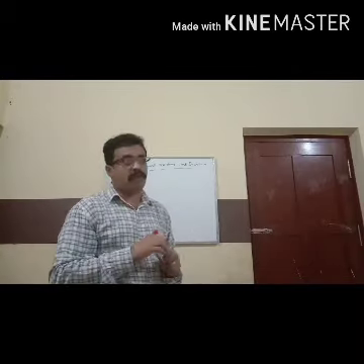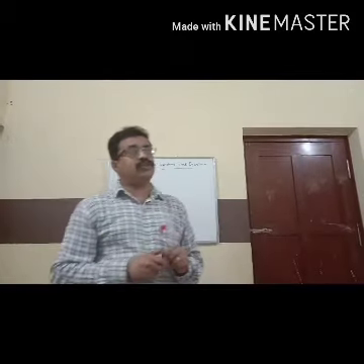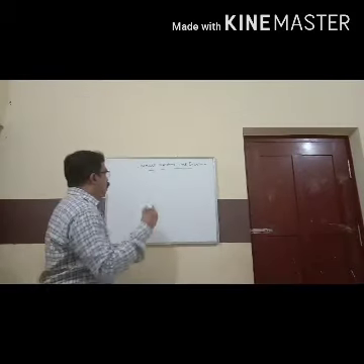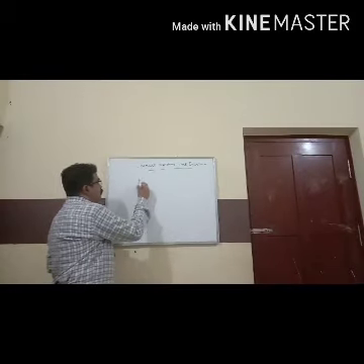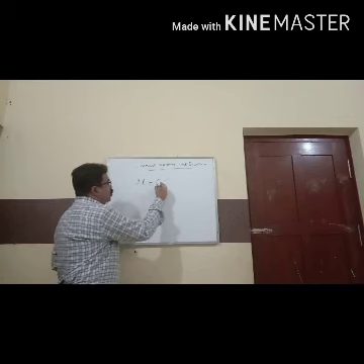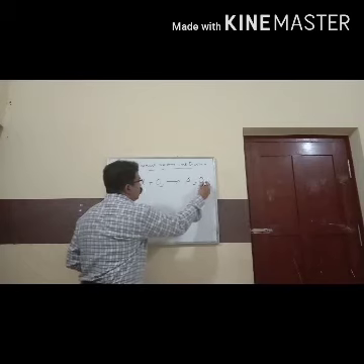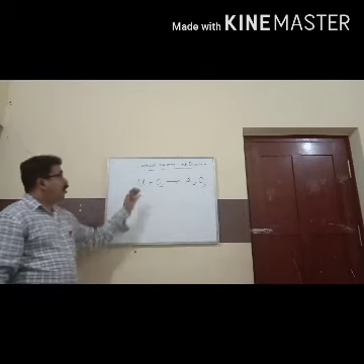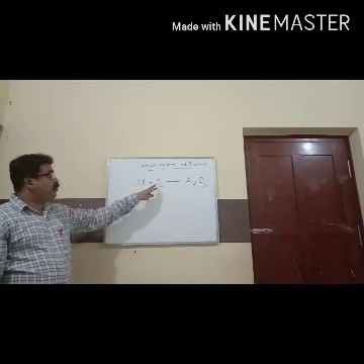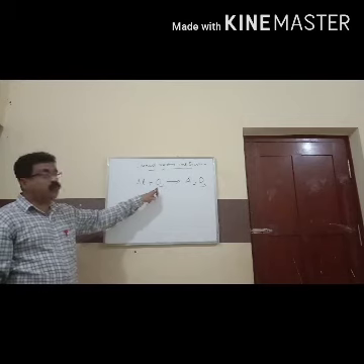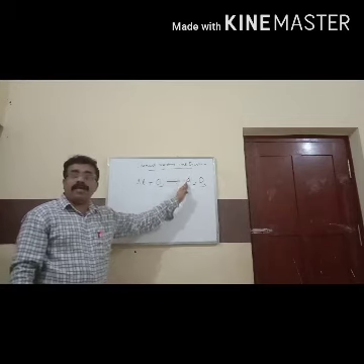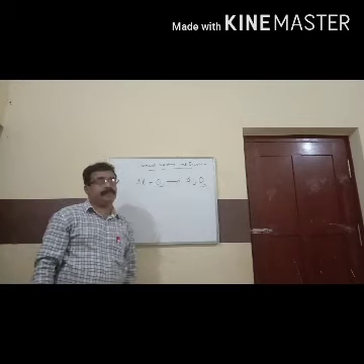You know the formula of aluminum oxide is Al2O3. So aluminum reacts with dioxygen O2 to form Al2O3.